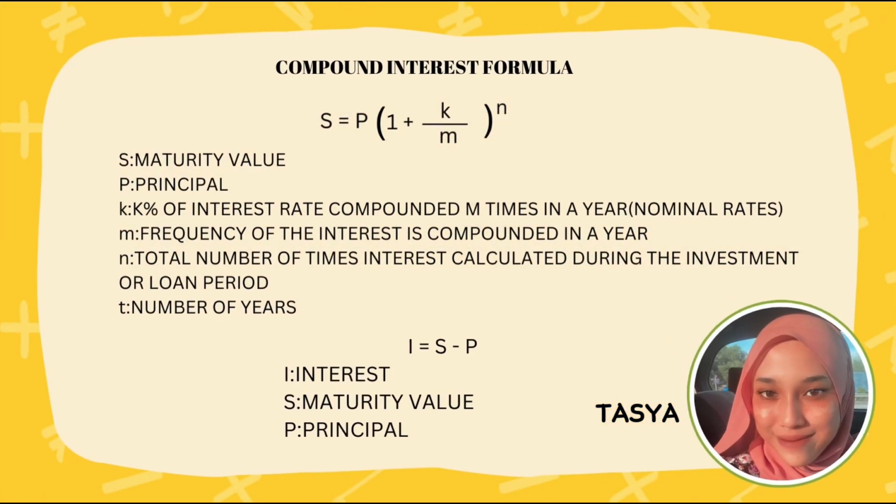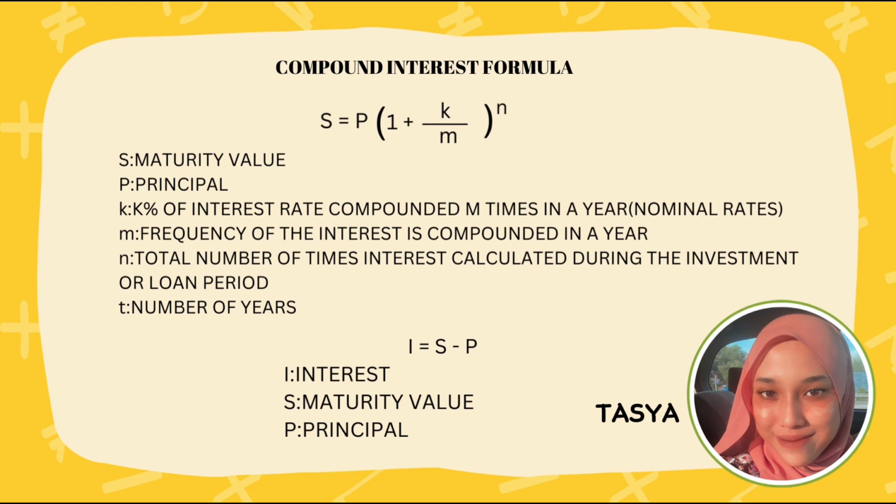The compound interest formula is S equals P bracket 1 plus K over M with the power of N. S is maturity value, P is principal, K is K% of interest rate compounded M times in a year. M is the frequency of the interest compounded in a year. N is the total number of times interest is calculated during the investment or loan period, and T is the number of years.